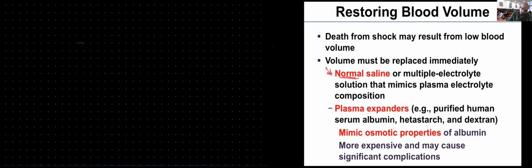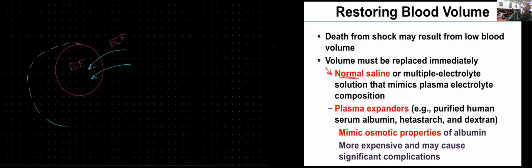Remember, your intracellular fluid compartment has the same osmolarity as your extracellular fluid compartment. If you give just water IV, what's going to happen? The water is going to move from the extracellular fluid to the inside of your cells, and your cells are going to swell. You don't give water, you give normal saline.